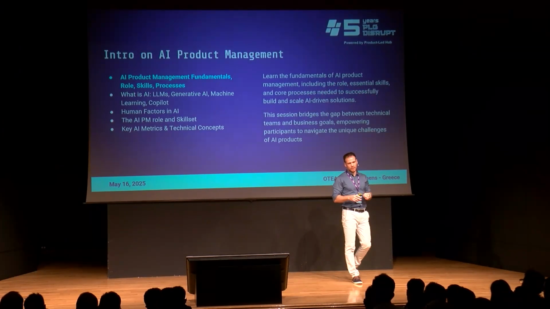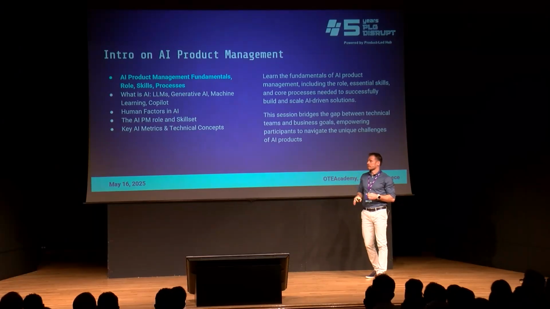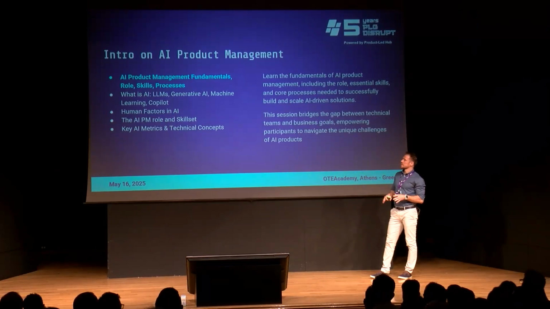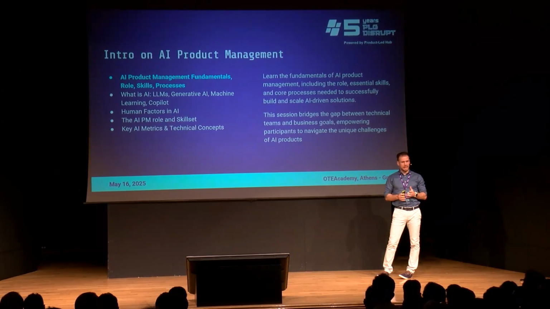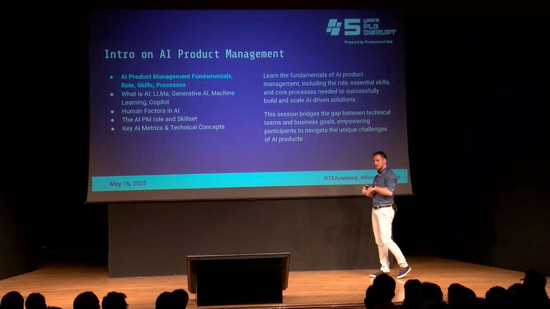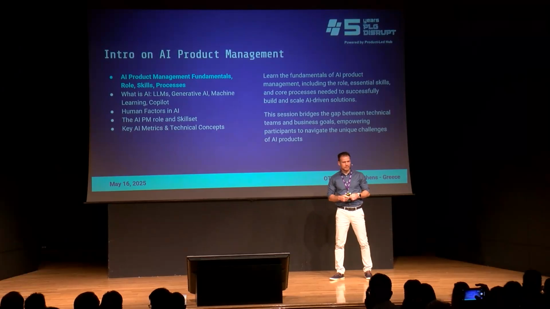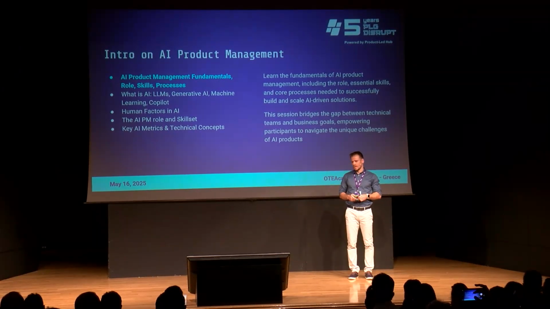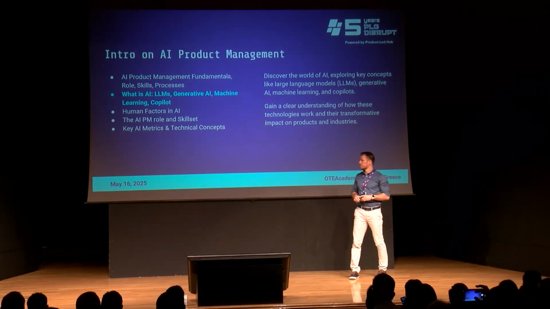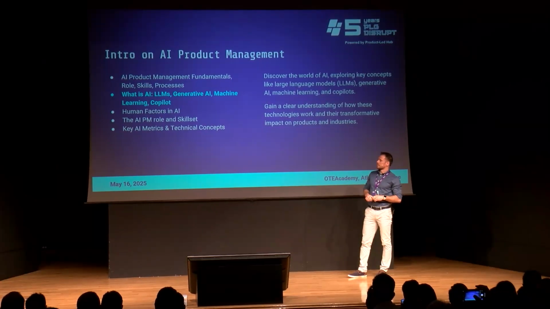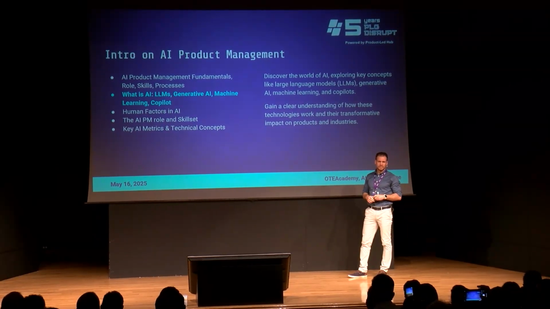About the intro in AI product management, you'll have product management fundamentals, roles, skills, processes, and this is around AI, because we know product management is a craft that is out there for a while. We'll discuss that later. And then we will see a brief deep dive into AI.